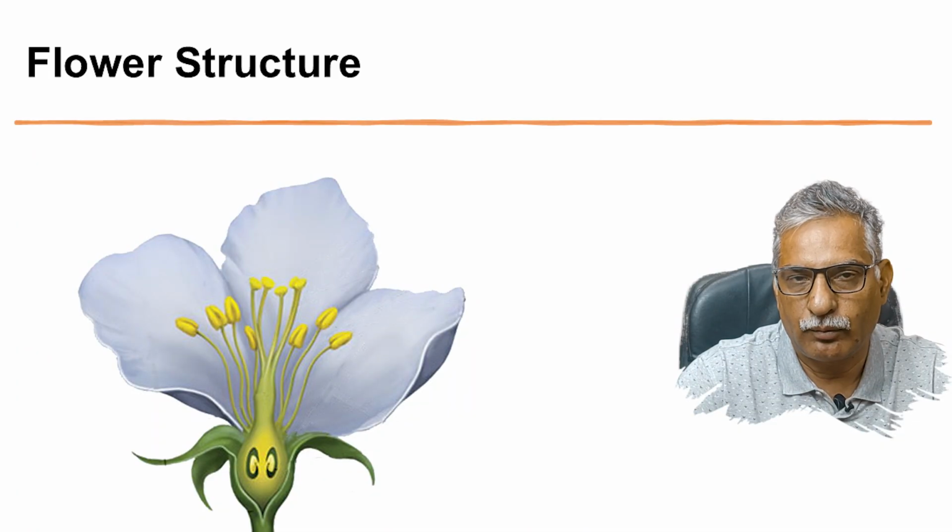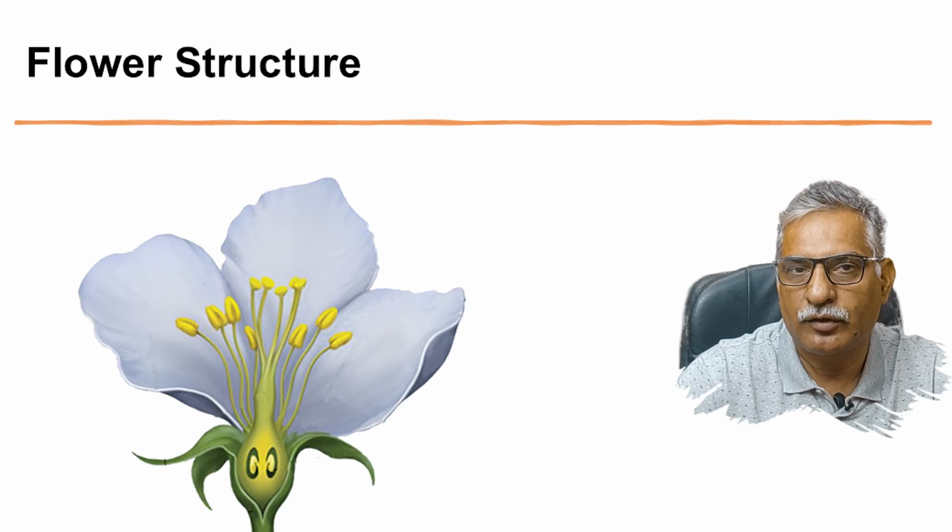The part of the shoot where the flower grows is known as the flower stalk, and on the flower stalk there is a base. Over that base a complete flower resides. This is known as the receptacle. Now the flower has different components.